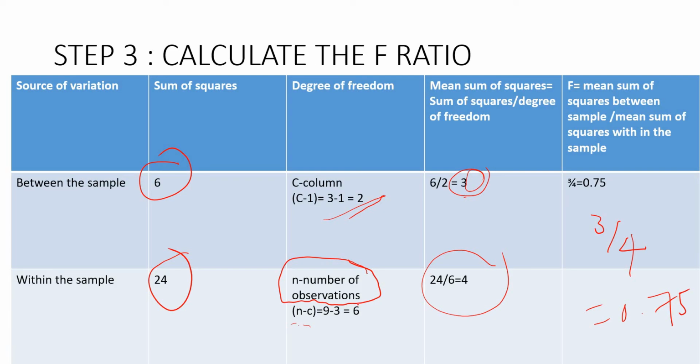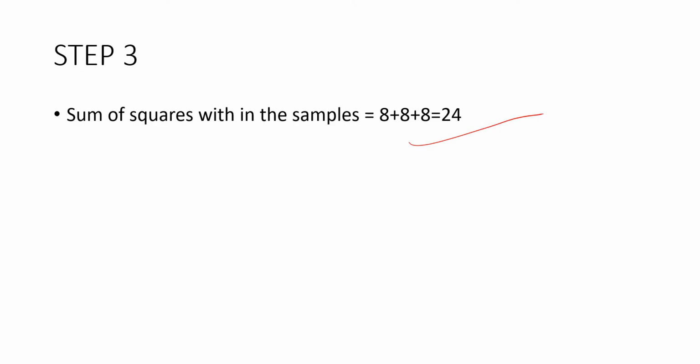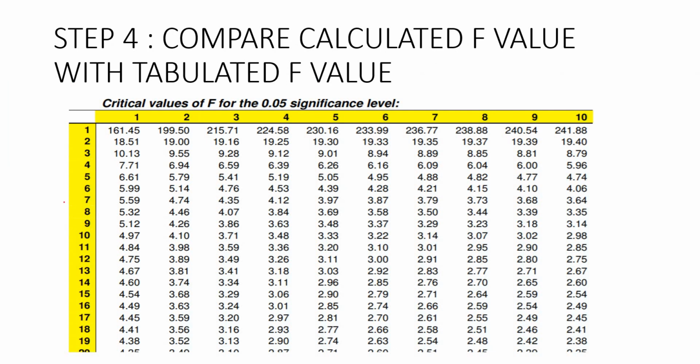Our degrees of freedom are 6 within the samples and 2 between the samples. So we need to take 6 and 2, and 5.14 is the tabulated value of the F ratio.